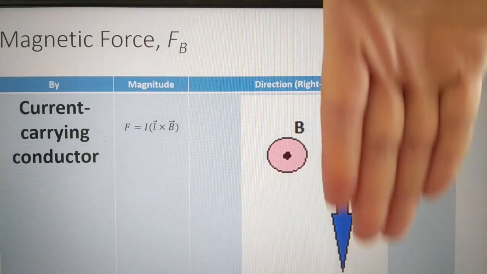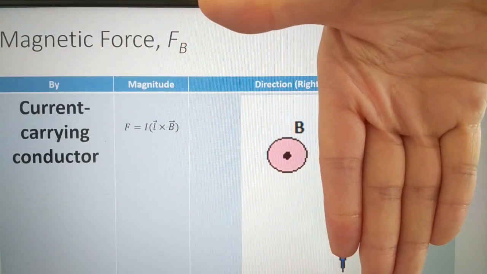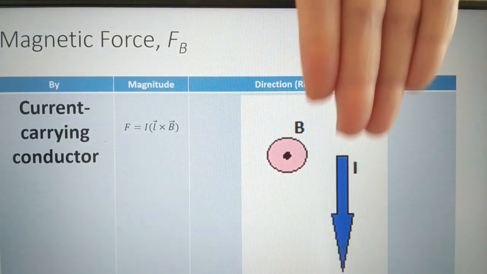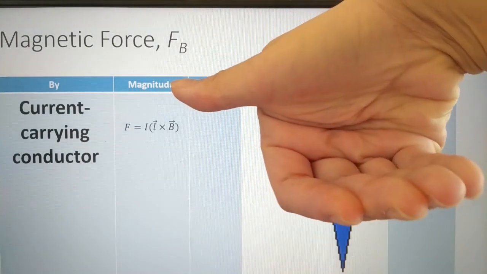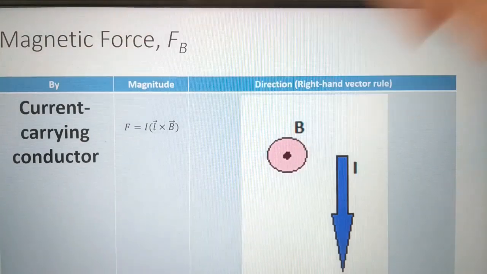Downwards. So point your 4 fingers downwards, and then cross B. Where's your B? Out of the page. So L cross B out of the page, your force is to the left.